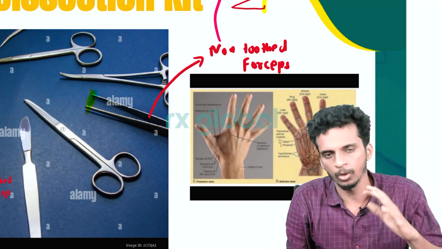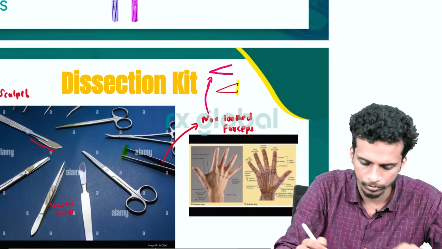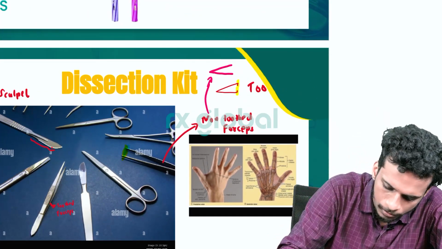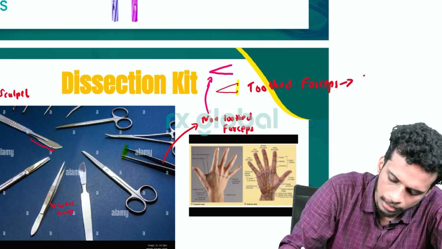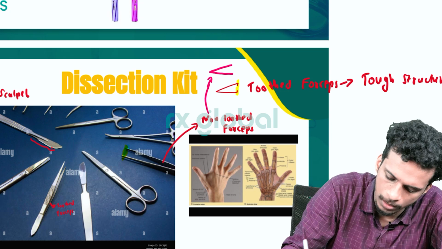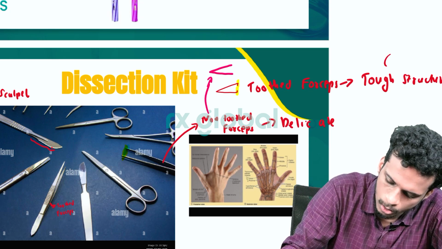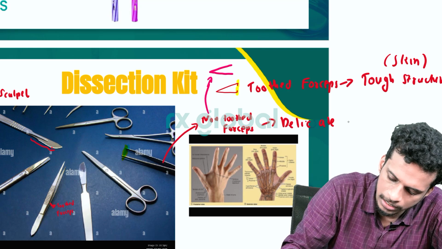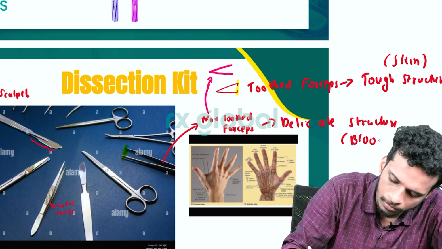So for holding tough or thick structures, I will use a toothed forceps, and for holding delicate structures like blood vessels, a non-toothed one. An example of a tough structure is skin, and an example of a delicate structure is a blood vessel.